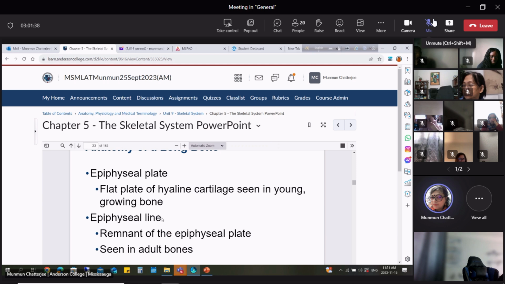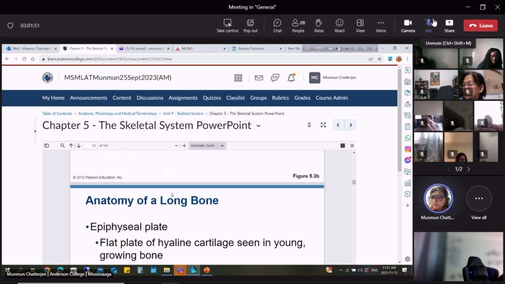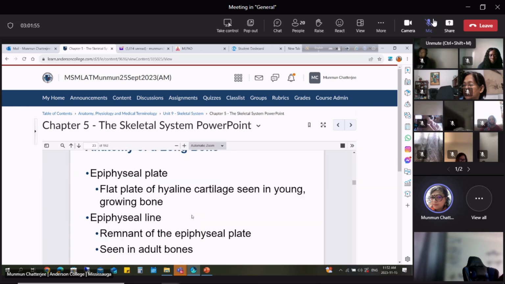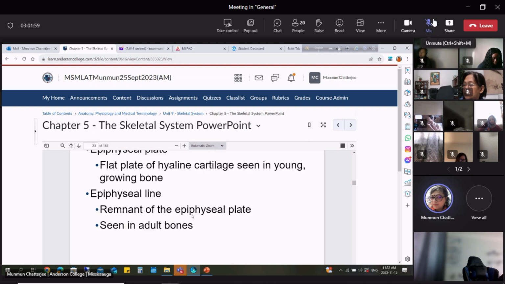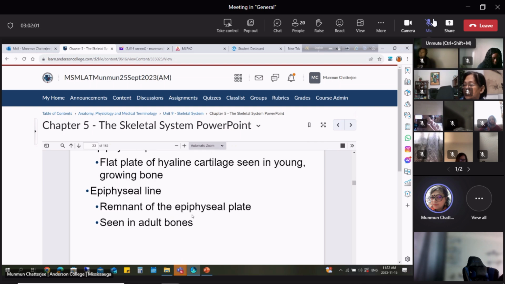What is the epiphyseal line? The epiphyseal plate can be seen in the young or the child. Then the epiphyseal plate becomes a very thin line, still with hyaline cartilage to avoid friction, but it becomes small and compact now.